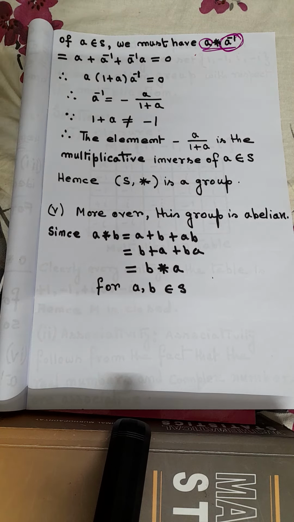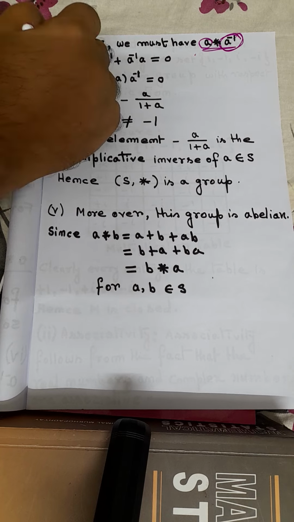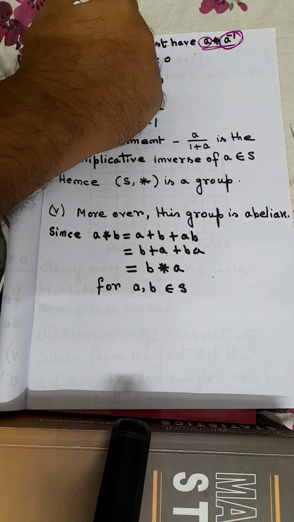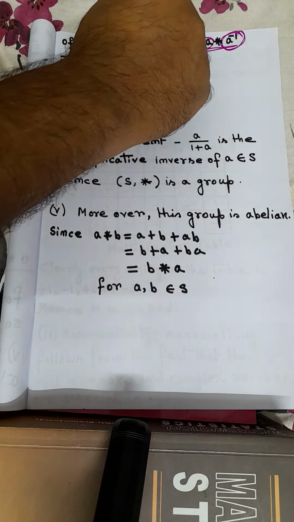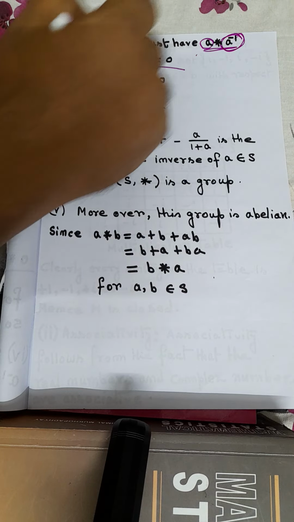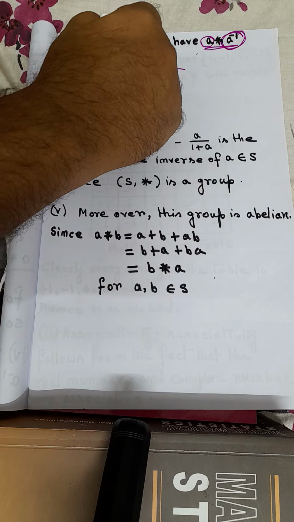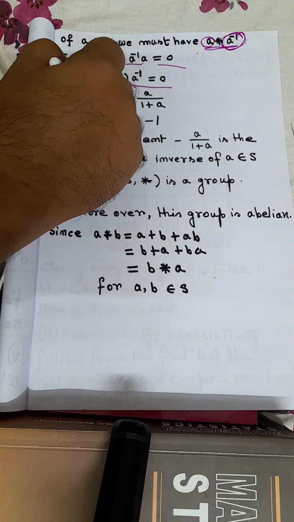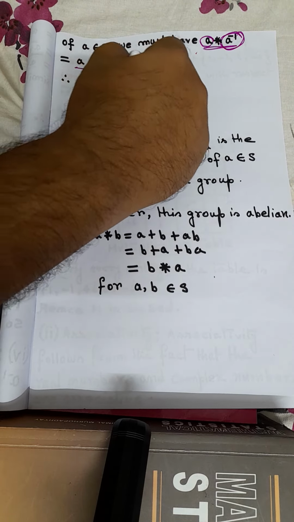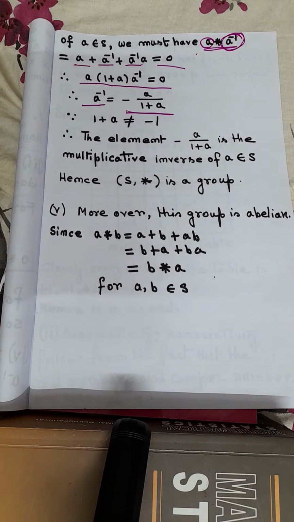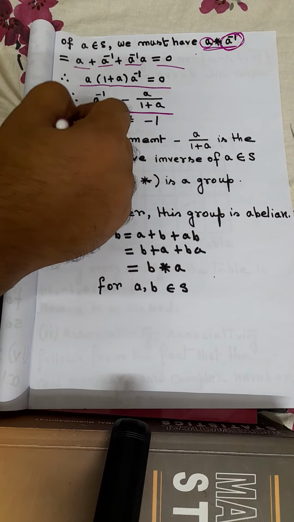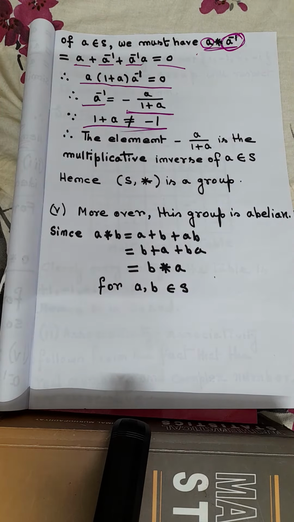So in accordance with that we can write that a plus a inverse plus a a inverse equals 0, or we can say that a plus a inverse (1 plus a) equals 0, that is a inverse equals minus a by 1 plus a, and we know that a plus 1 is not equal to 0 as per the definition.